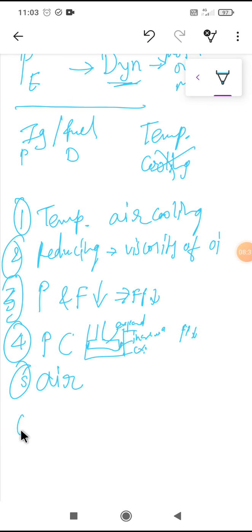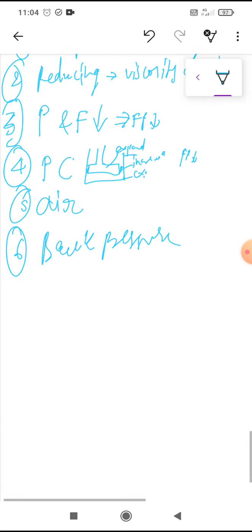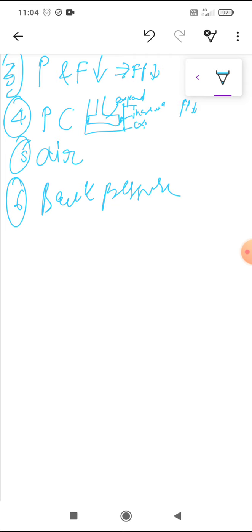Then the sixth point is that back pressure is more than in the firing engine, since after expansion the required pressure difference is not available to impart kinetic energy to expel the exhaust gases. However, the motoring test gives fairly good results, since the increased and reduced friction losses almost balance each other.